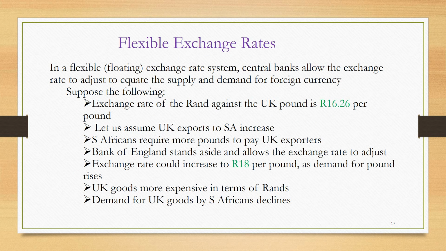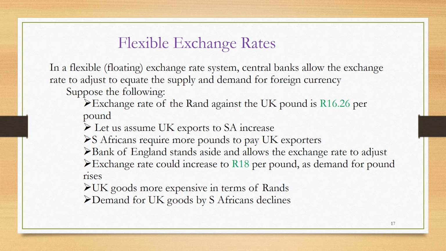Flexible exchange rates or floating exchange rates are where the central banks allow the exchange rate to adjust to equate the supply and demand for foreign currency. So if you like to think of it like a free market, leaving the market alone to equate supply and demand. Although central banks can and do intervene to some extent.